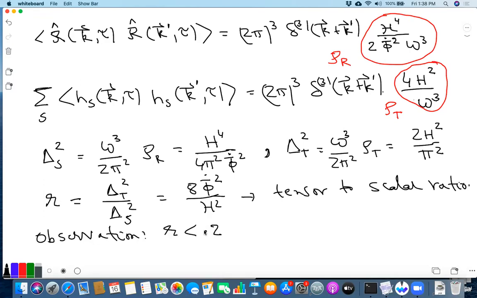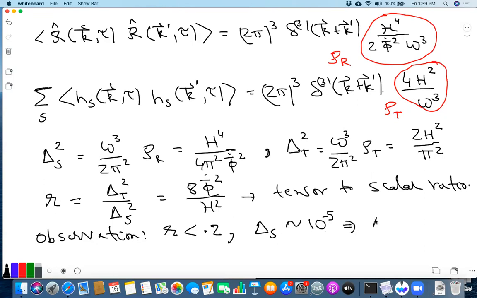That means that the tensor to scalar ratio is small. Maybe not too small, but at least less than 0.2. And delta S is of order 10 to the minus 5. This we have observed. The CMB fluctuation gives you direct information about delta S. That's of order 10 to the minus 5.